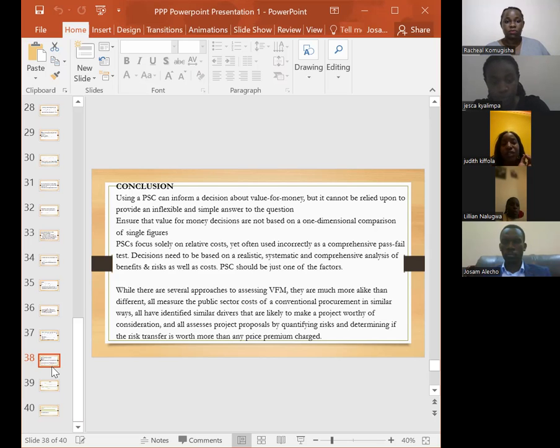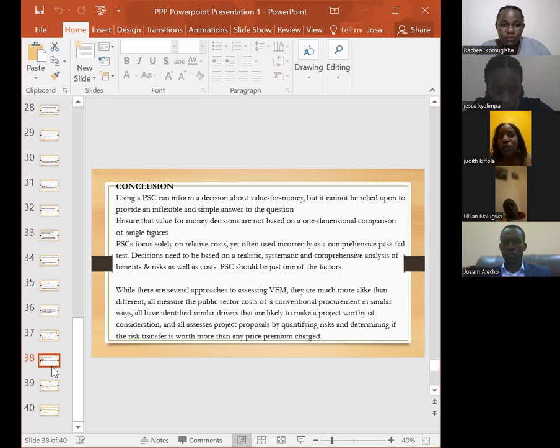A PSC focuses solely on relative costs, yet is often used incorrectly as a comprehensive pass-fail test. Decisions need to be based on a realistic, systematic, and comprehensive analysis of benefit and risk. So a PSC should be realistic in whatever decisions it informs.